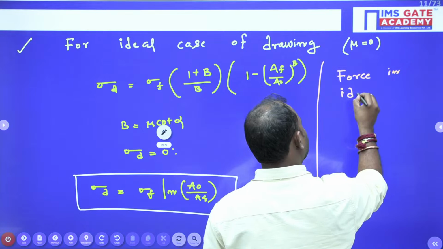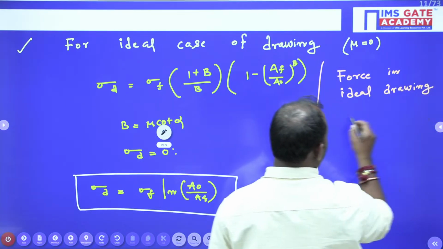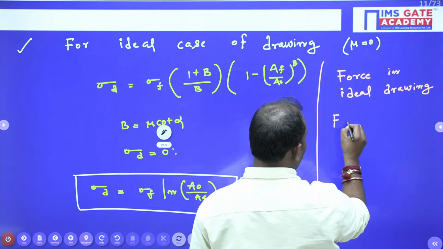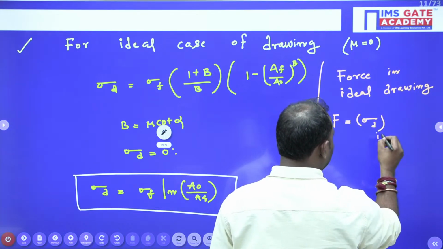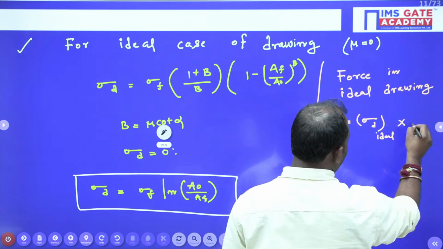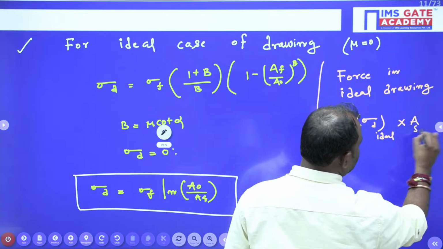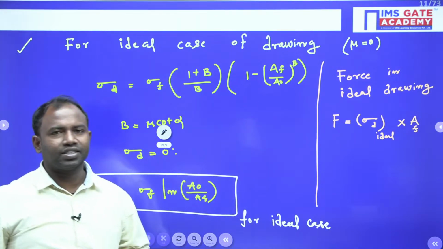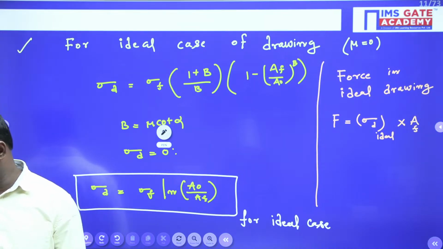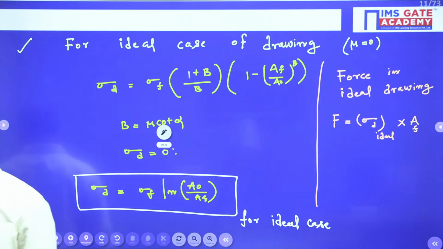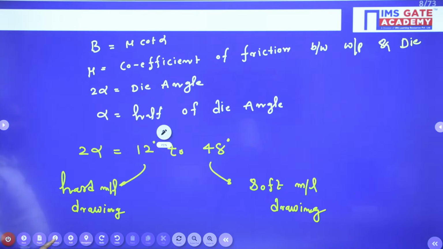The force in ideal drawing, that is F, the drawing load, is the drawing stress for ideal into Af. So you multiply the ideal drawing stress with that. Hope you understand, everybody, guys. Have a look at this drawing once, and then we'll go to the next concept.